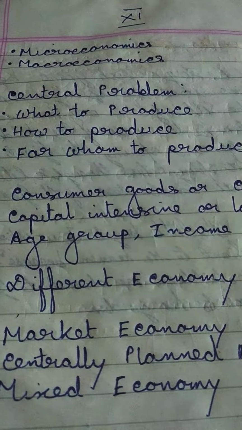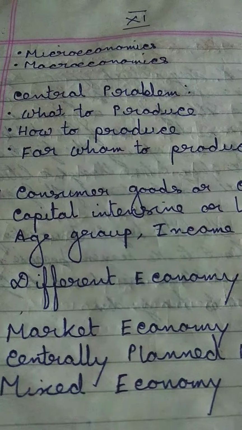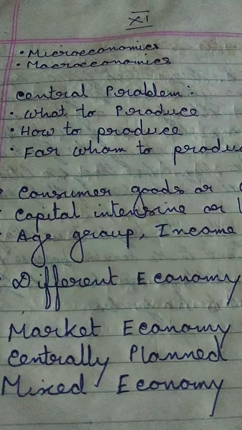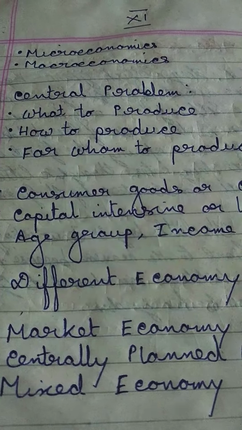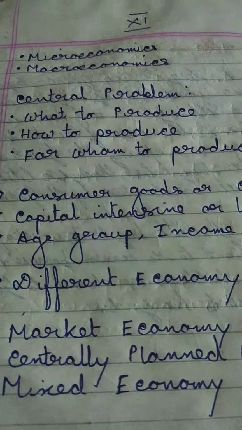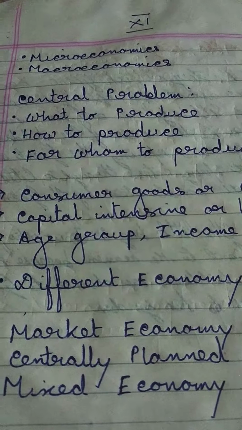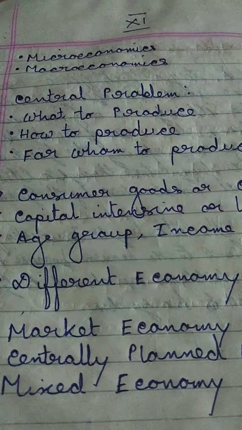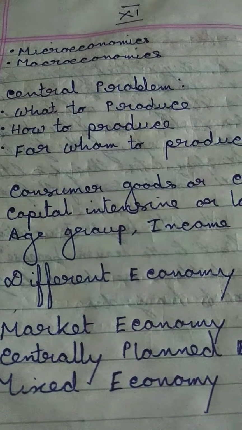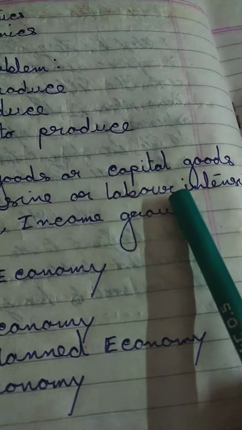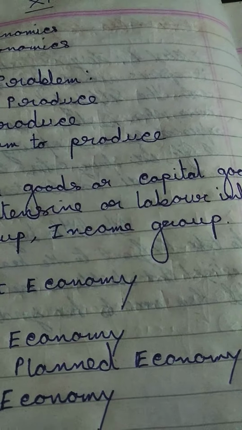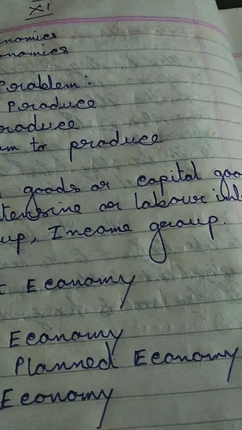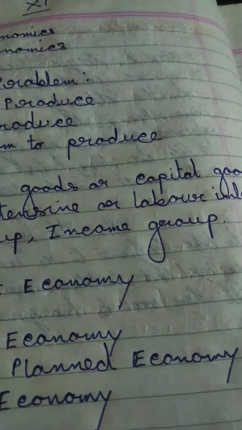Consumer goods are those goods which most consumers buy, like bread, butter, pen, pencil, book, fridge, refrigerator, AC. Those all come under consumer goods. Now what is a capital good? Capital goods are those that come under the industrialist's goods, like tools and machineries.